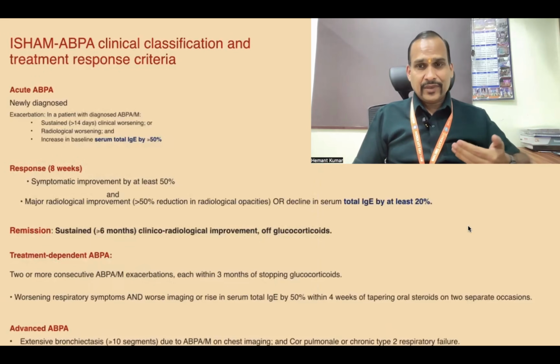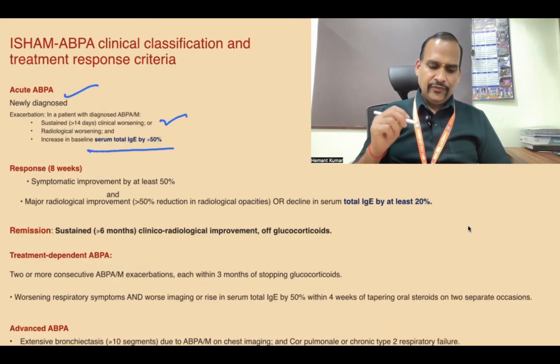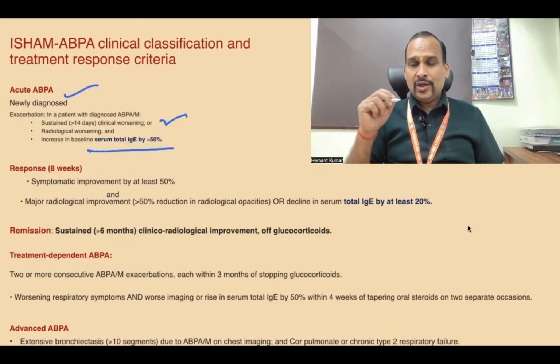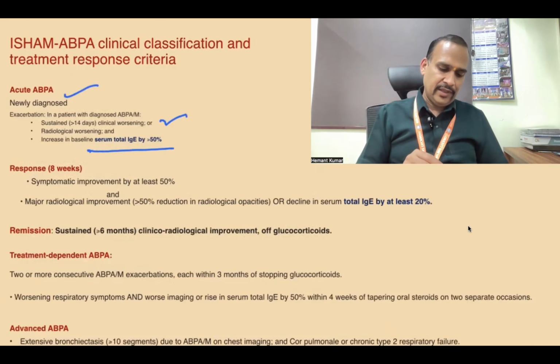And this is the classification of ABPA given by the guideline. Acute ABPA or newly diagnosed ABPA, as I told you, is symptoms with an increase in total IgE or the patient having specific IgE. That is acute ABPA.